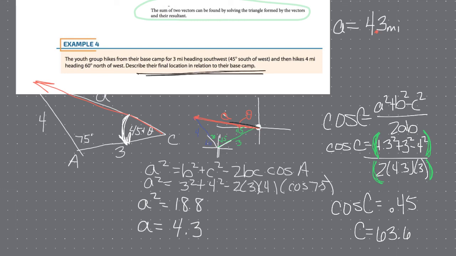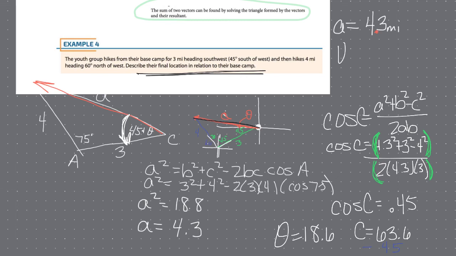So what we want to find is the angle from the negative x-axis up to that vector. That's theta. So we're going to subtract 45 from this, and that gives us that theta is approximately 18.6.